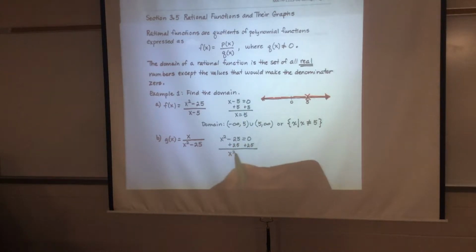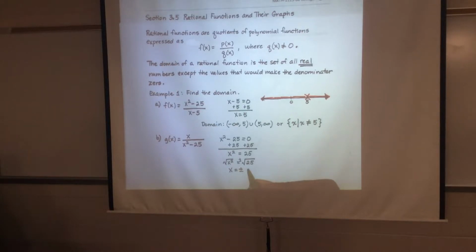So here x squared is equal to positive 25. And then the opposite of squaring something would be to take its square root on both sides. So that means I'm going to have x is equal to, and I forgot the plus or minus, don't forget that. So here you've got x is equal to plus or minus 5. Okay.